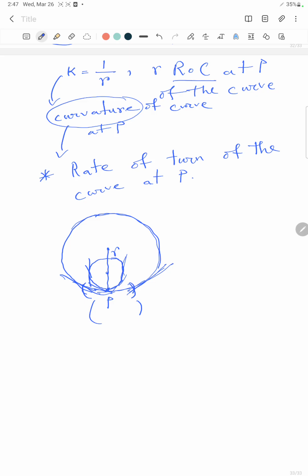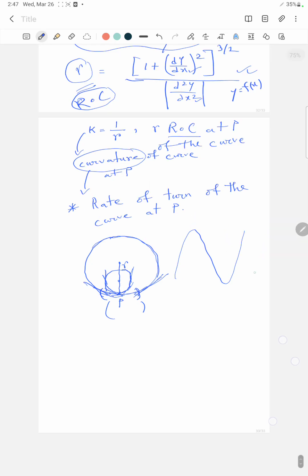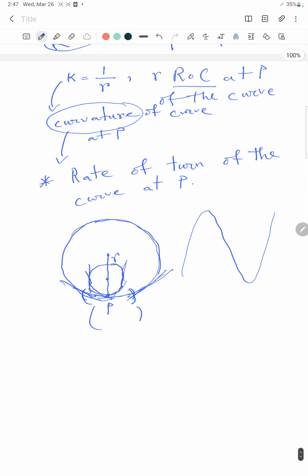Therefore, if your radius is small, then the curvature is higher, and if your radius is big, then the curvature is small. And you can just feel it from the curve perspective also. Suppose there is a sharp curve which has a sharp turn at this point P, then you can approximate this with a circle which has a very small radius.